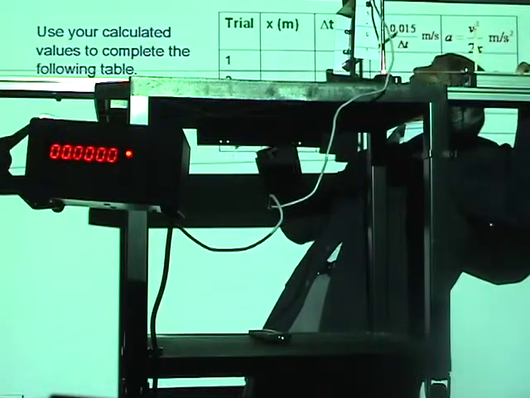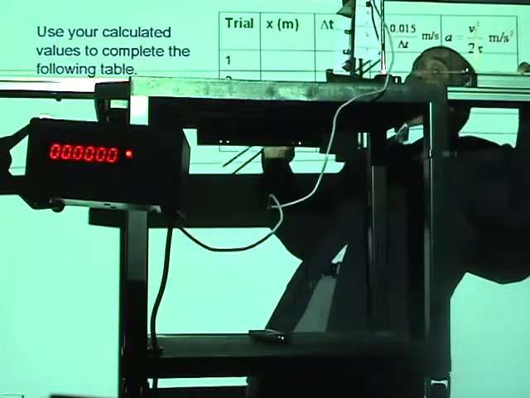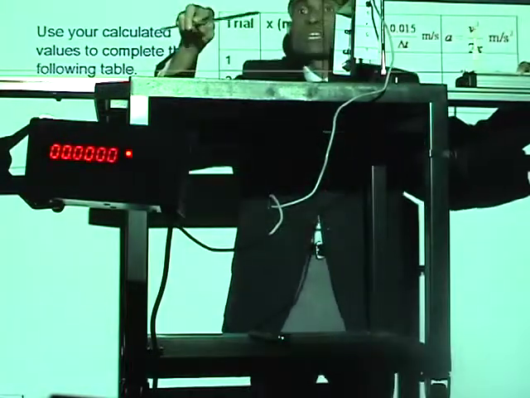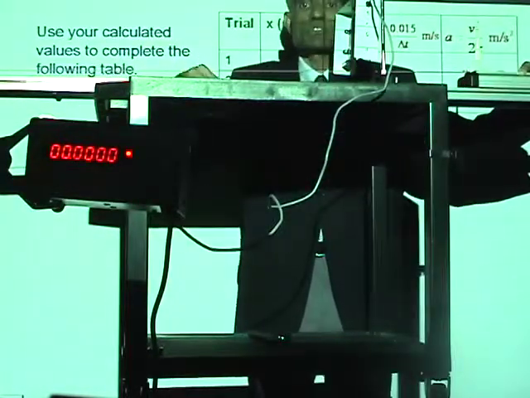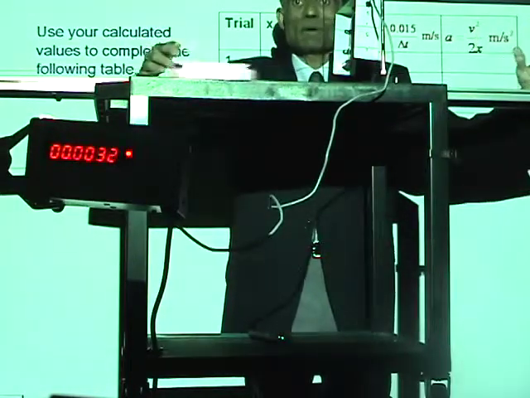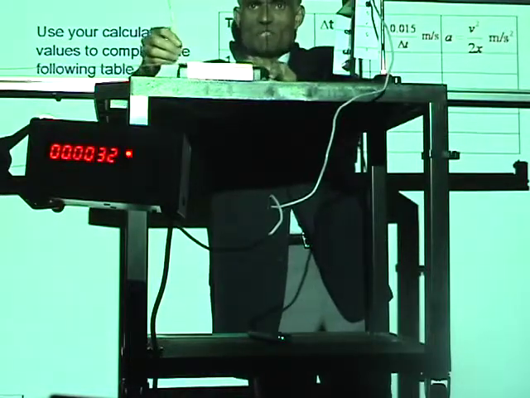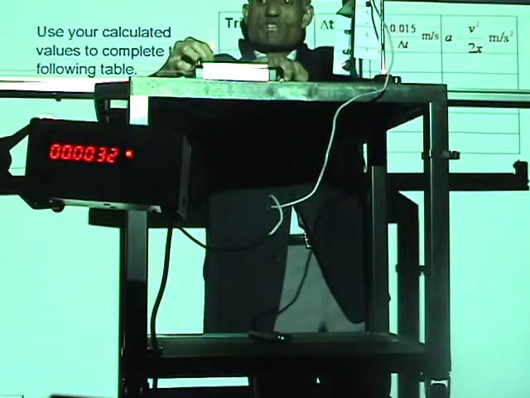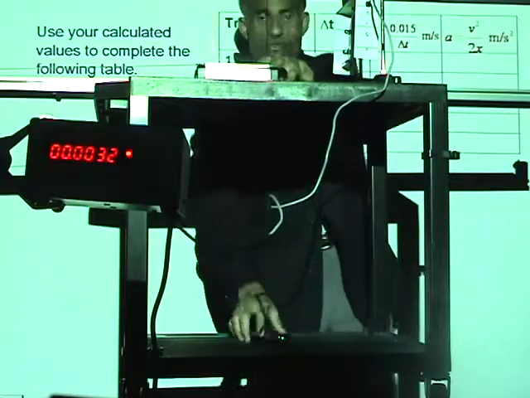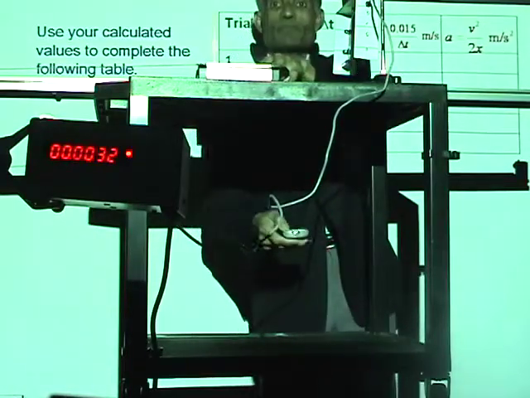Which one? v equal to 0.015 divided by delta t, where delta t is the time you will measure on the clock. Alright, I'm going to let it go, measure the time now. What is the time? The time is 0.0032 seconds. Is that right?